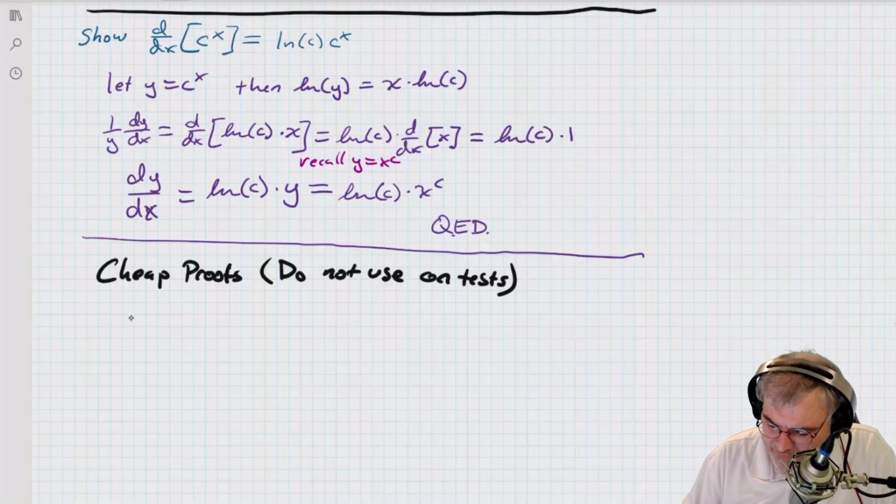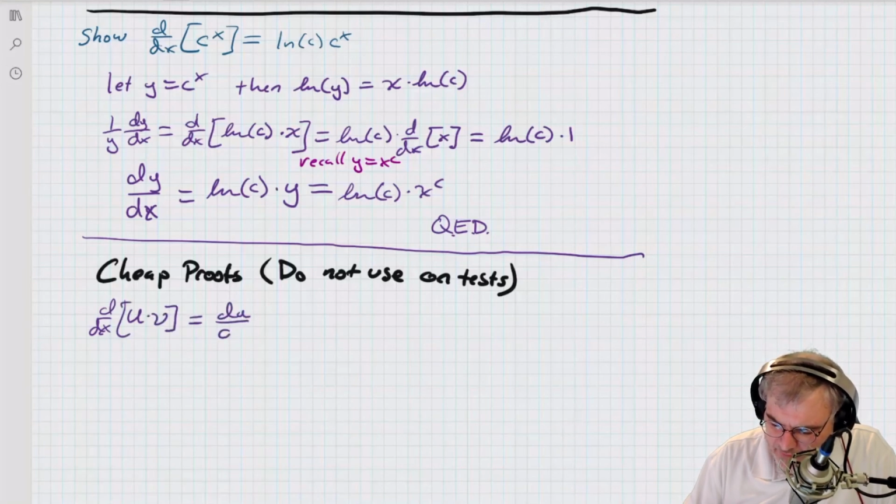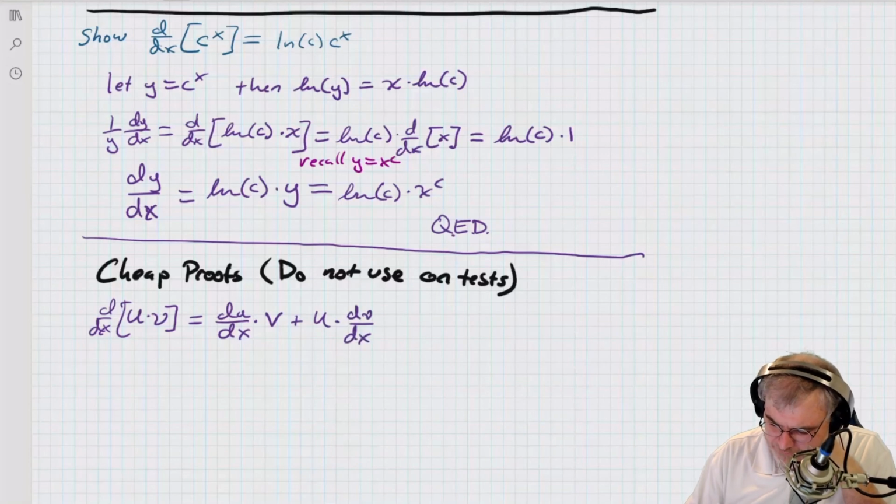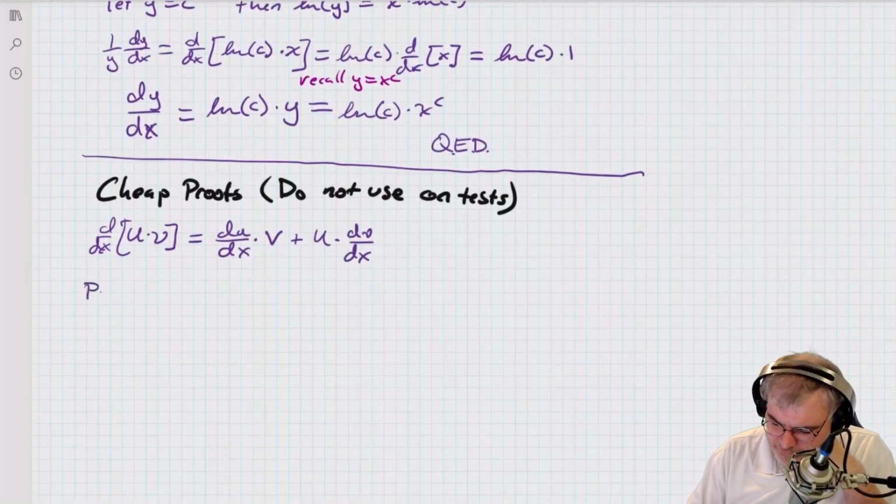I'm going to have you show that d over dx of u times v equals du over dx times v plus u times dv over dx. Proof.